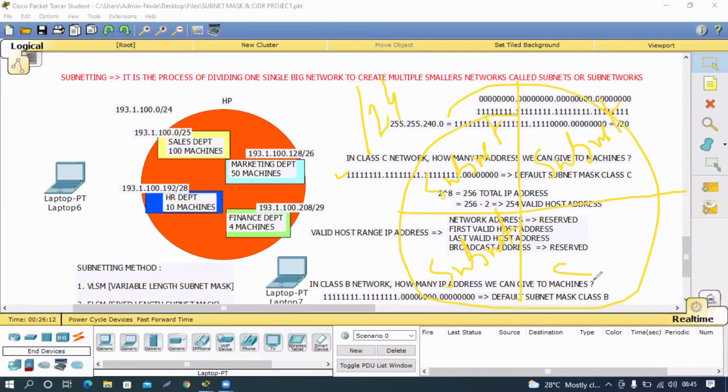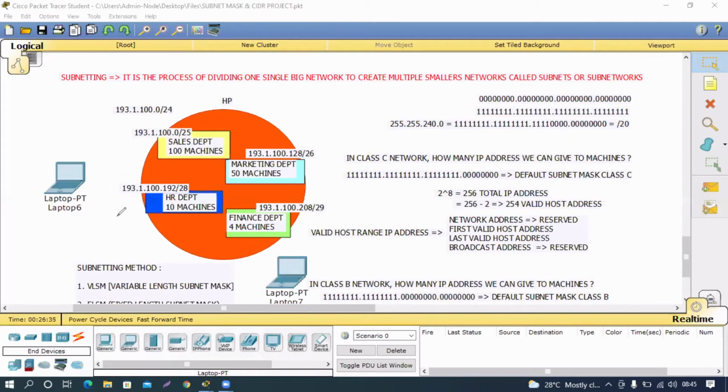All these are subnetworks you are creating. And this is the process. The process is called subnetting. The way to divide this class C, class B, or class A network with subnet masks to create small subnets, this process is called subnetting.